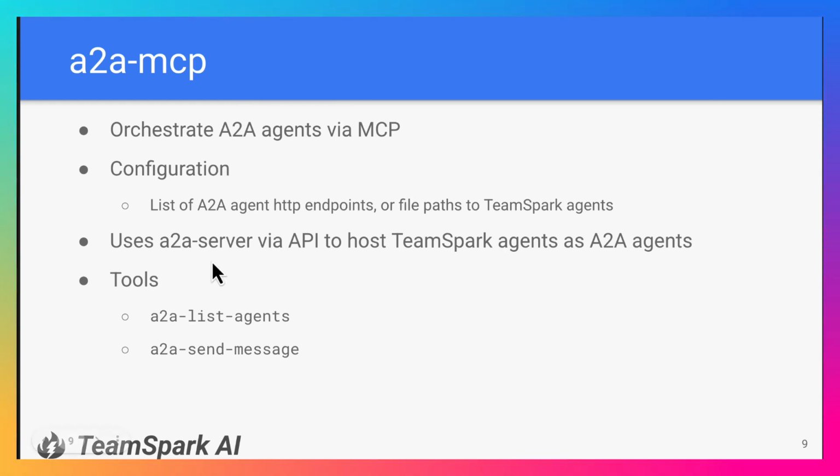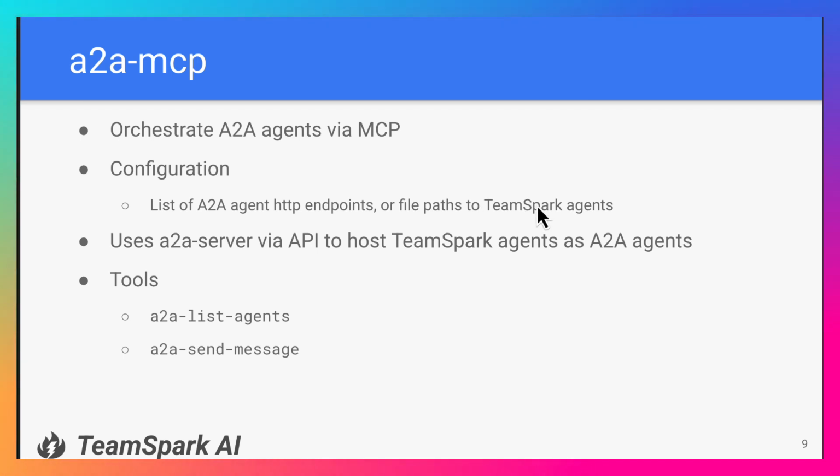The other thing that we did was that it was a little bit cumbersome to have to run an A2A server, set up the server endpoints, and then plug those endpoints into the MCP server. So we built a little bit of custom support. When you configure your MCP server, you can either give it the A2A agent endpoints, nothing TeamSpark specific, just point it to any A2A server, or you can give it a file path, either a file URL or just a file path to a TeamSpark agent.